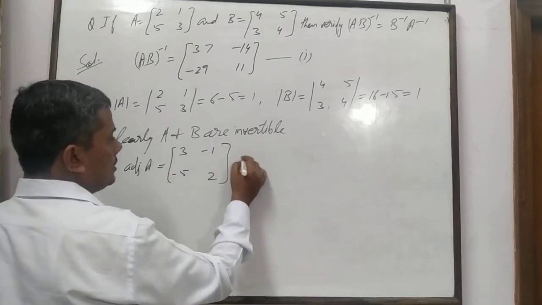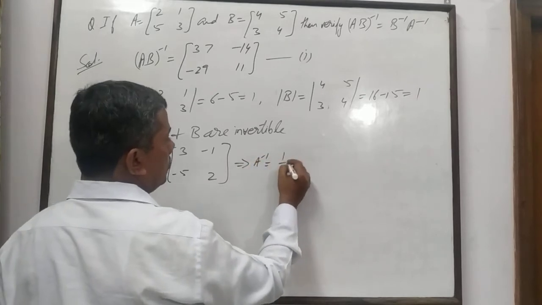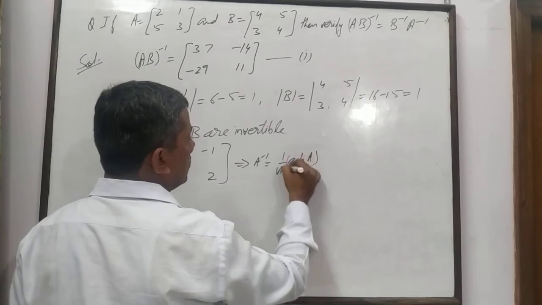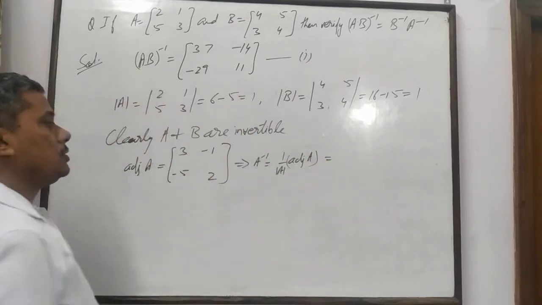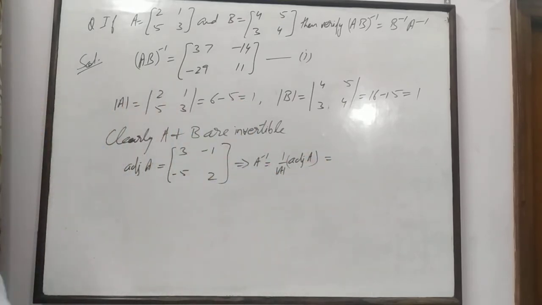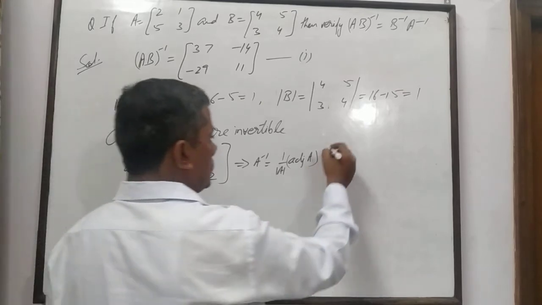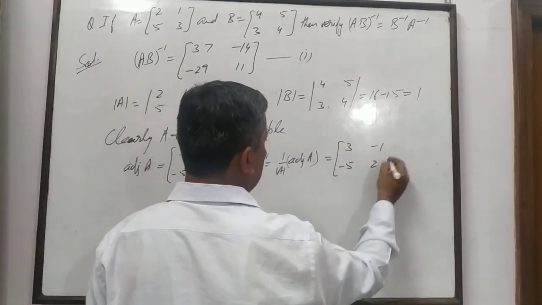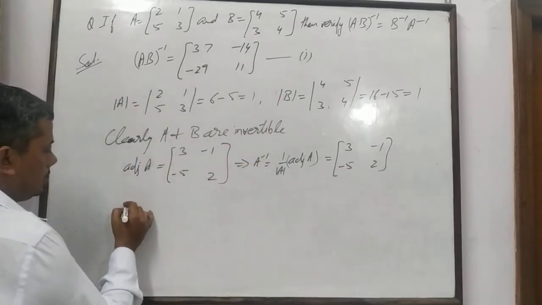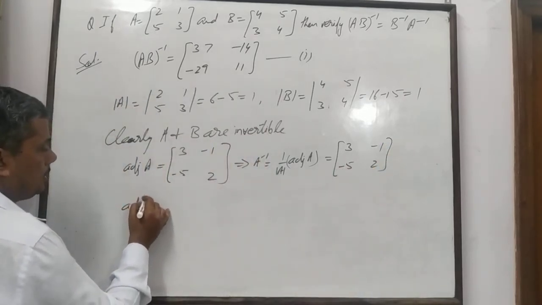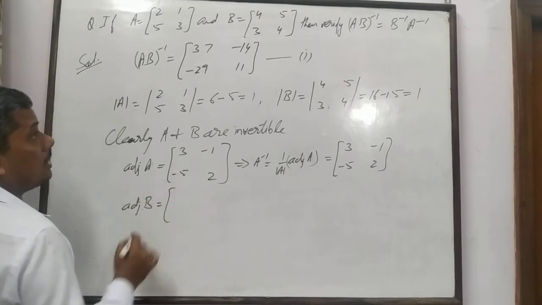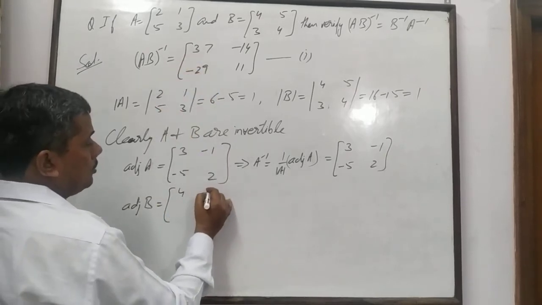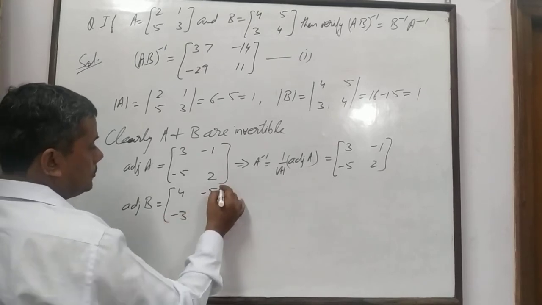So A inverse is 1 upon determinant of A into adjoint of A. Since determinant A is 1, A inverse will be equal to adjoint A. So this is 3, -1, -5, 2. Similarly, adjoint of B: again, interchange the diagonal elements and change the sign of the off-diagonal elements.